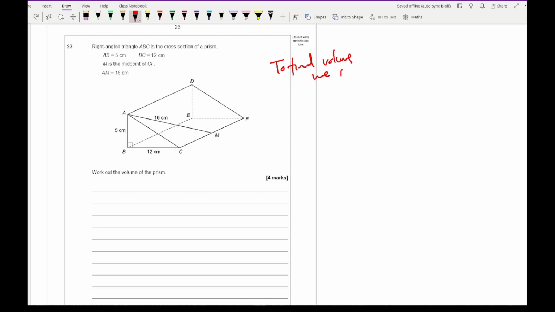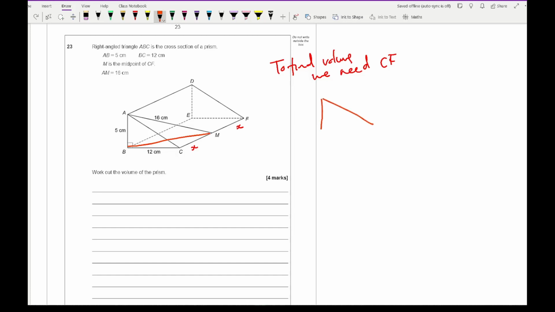we need CF. Now if this length here is x, then this length here is going to be x as well, because obviously M is the halfway point. So it's just something that you do need to note. So looking at this, what we then need to do is work out what those lengths are. Now if I start by drawing this triangle here, let's look at this as stages.